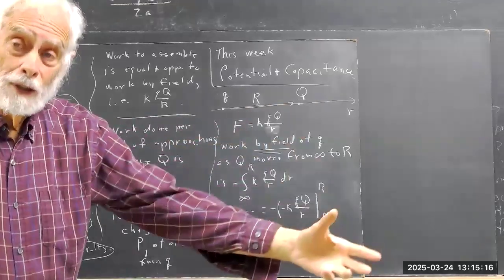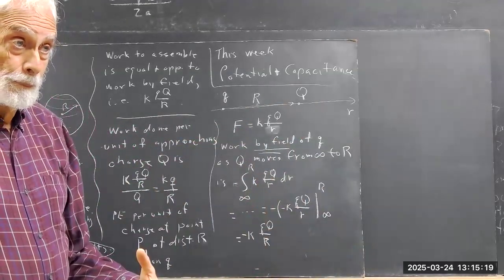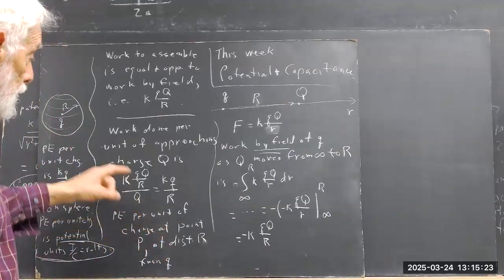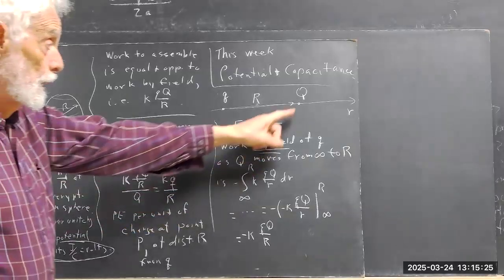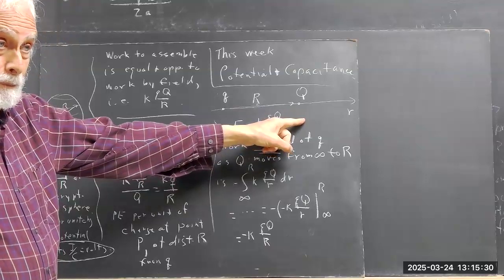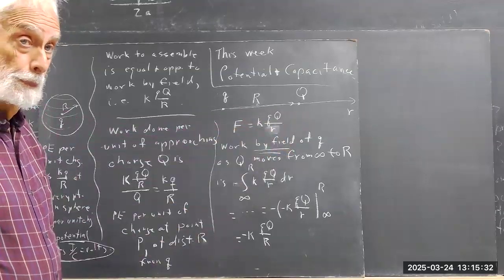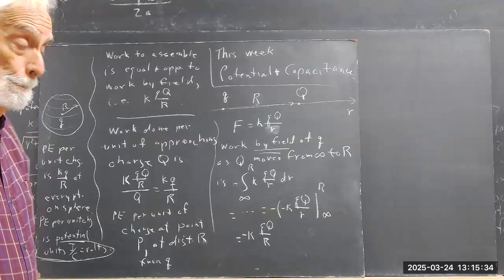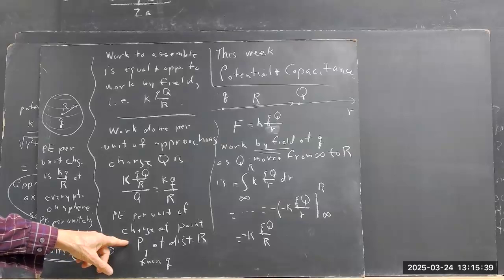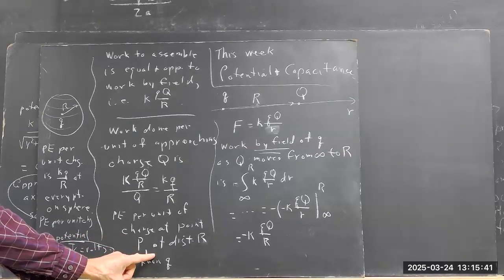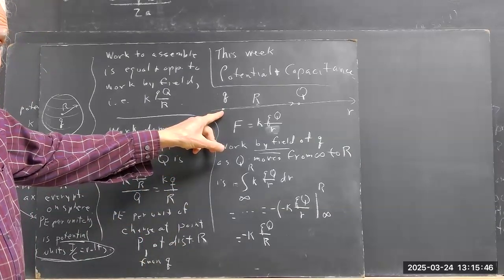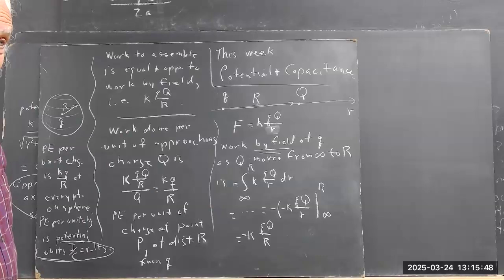It doesn't care what charge you bring in. It's just a quantity that you then multiply by whatever charge you want to bring in to get the potential energy of the system. So that's why we say this is a potential energy per unit charge at this point. It's a property of just this charge and whatever the point is.